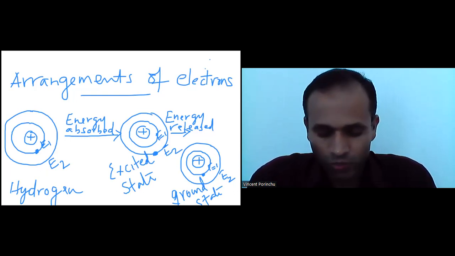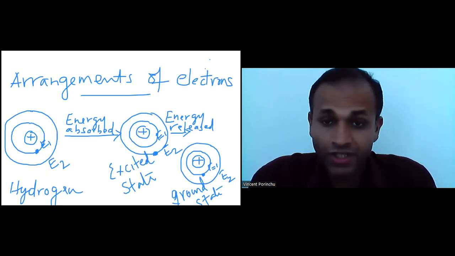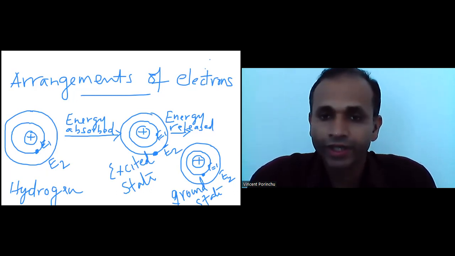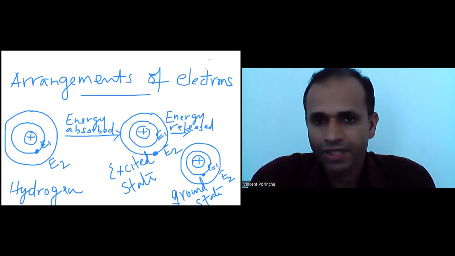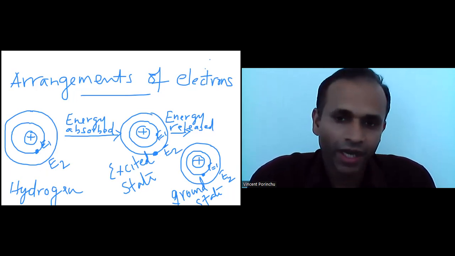Niels Bohr got distinct lines on the spectrum, which indicate different energy levels inside an atom. These energy levels are occupied by the electrons in the atom around the nucleus.